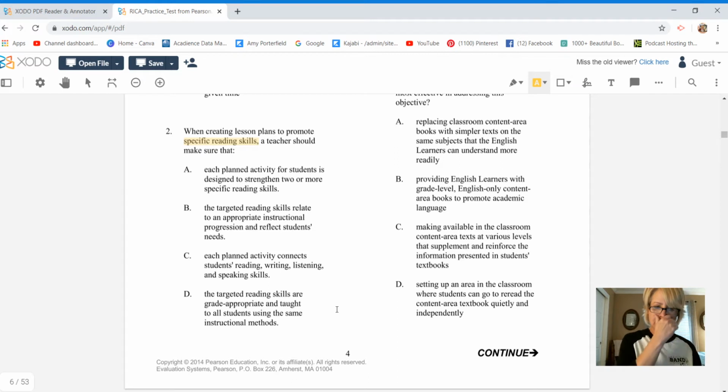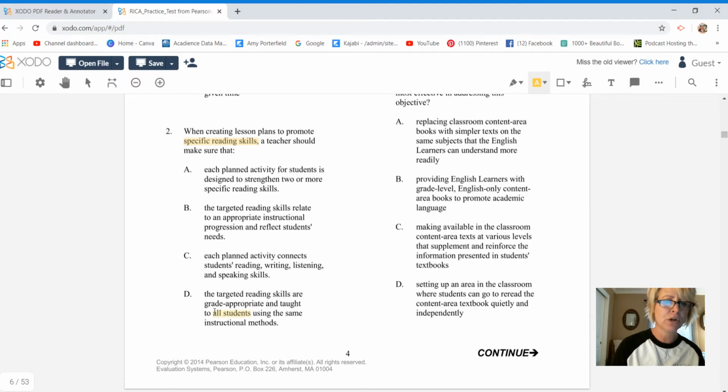And then D, the targeted reading skills are grade appropriate and taught to all students using the same instructional method. This is a big no for me because it's grade appropriate, which is great, but not all students are going to be reading at grade level. And it says here we're going to use the same method for all students.